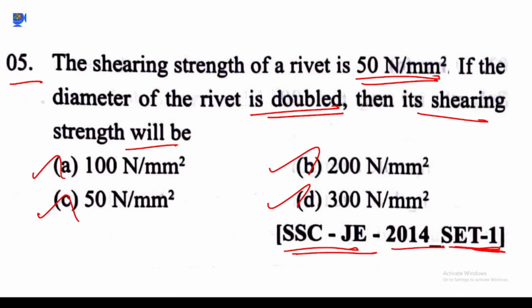Now, the ultimate thing is shearing strength. Last time the question was related to shearing strength in terms of load value, but this time it is related to the stress value. Shearing strength value is given as 50 Newton per mm square, and the question asked is that if the diameter of the rivet is doubled, then what happens to the shearing strength?